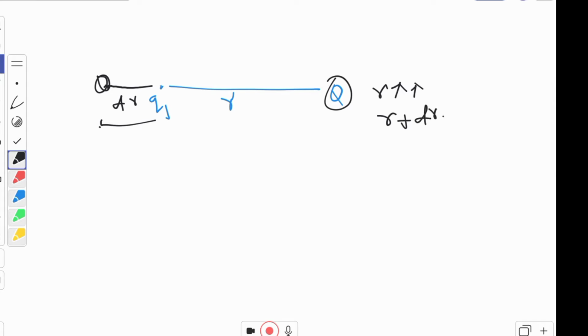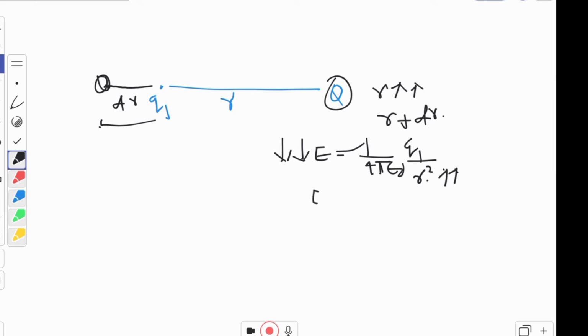If r increases, your electric field will decrease. We know that just now we have seen electric field is equal to 1 by 4 pi epsilon naught, Q1 by r square. So when this r increases, your electric field will change. When the electric field changes, definitely your force will also change. How?